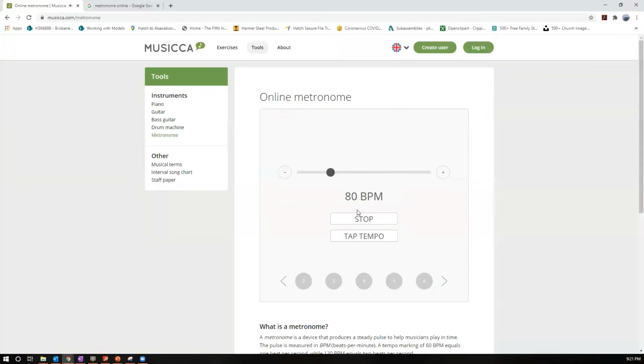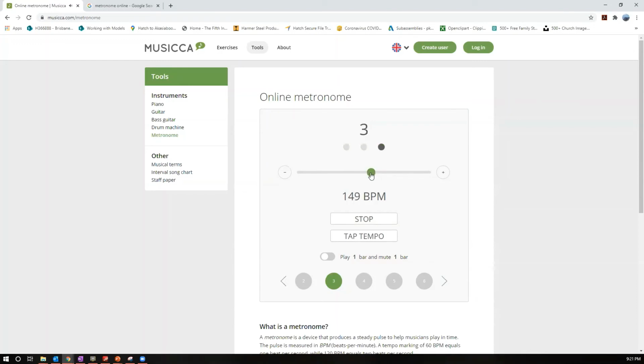So I need to set this to 3, and then 1, 2, 3, 1, 2, 3, 1, 2, 3. My saying 1, 2, 3 depends on the tempo. I can say it quicker or slower.